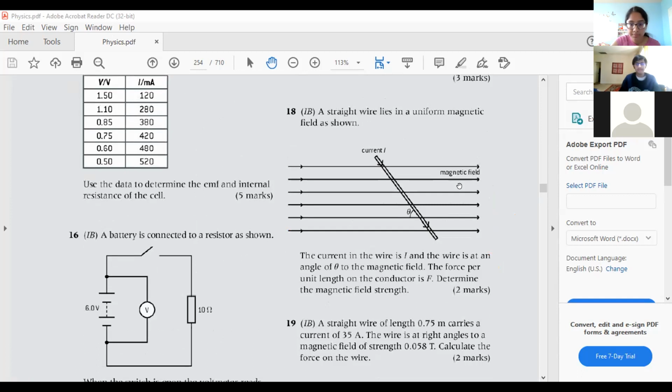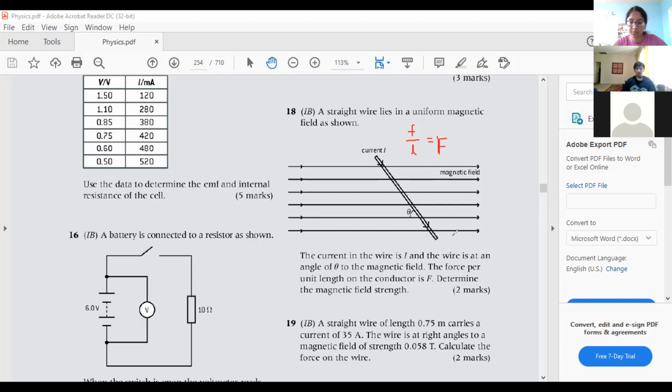Oh, that's okay. Okay, so basically, hold on, let me write on this. We said that force, I'll just make that a lowercase f. Here it says force per unit length, so we know that the force per unit length is equal to f.